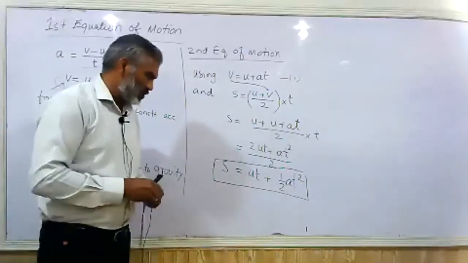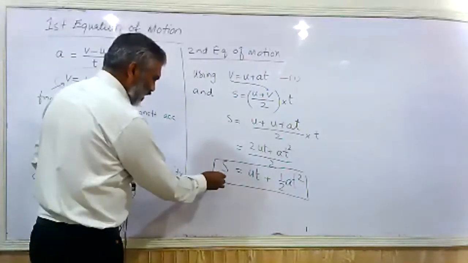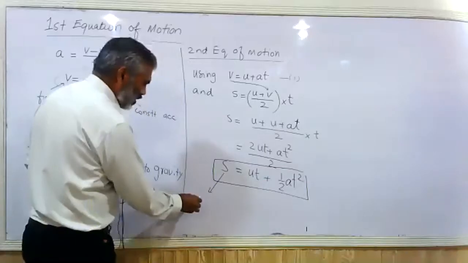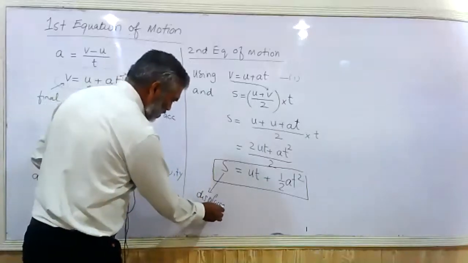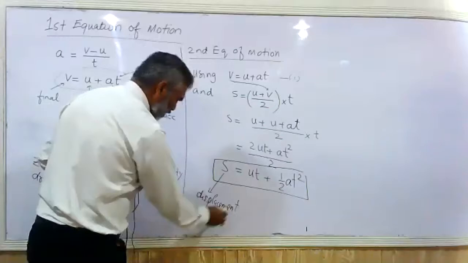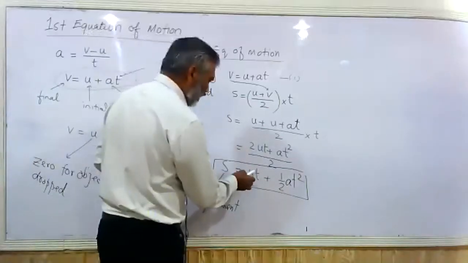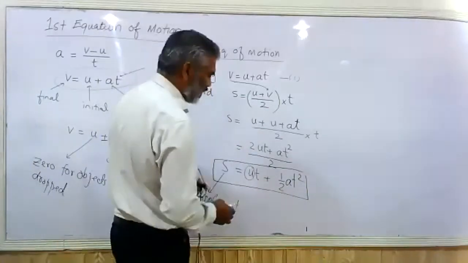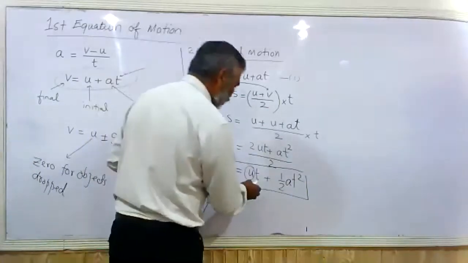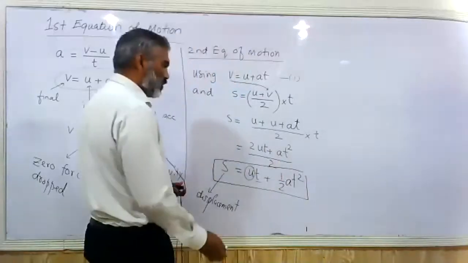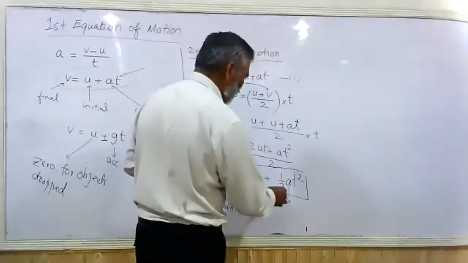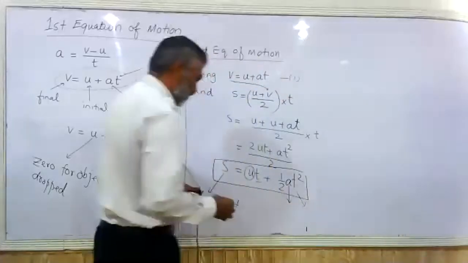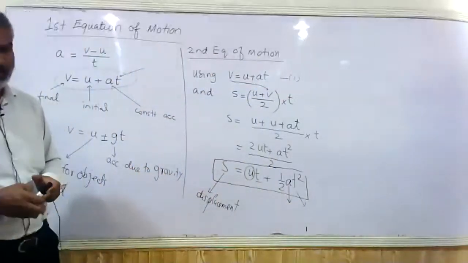Second equation of motion shows how far the object has gone. This is displacement. If it was moving with certain initial velocity, and we know the time for which the object has moved, and this is the constant acceleration like always, and this is again the same value of time for which the object has moved.